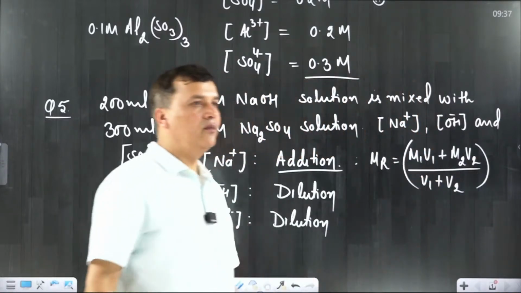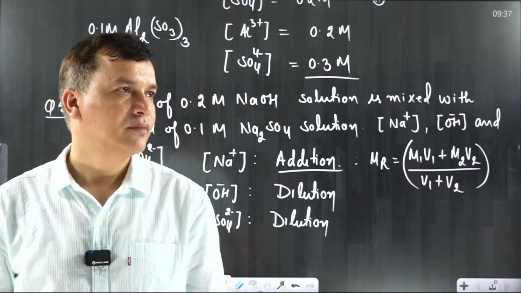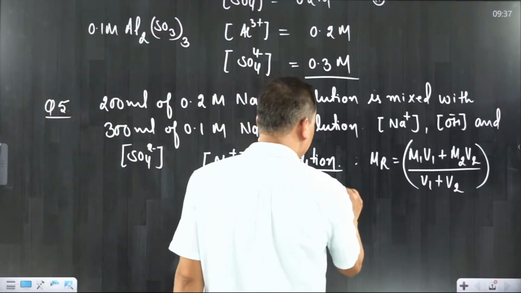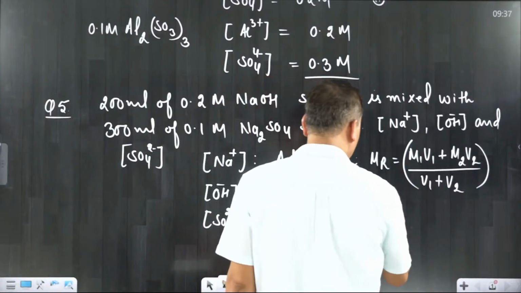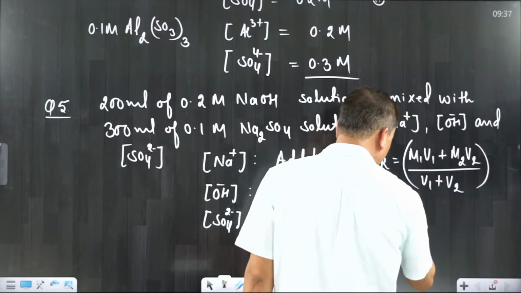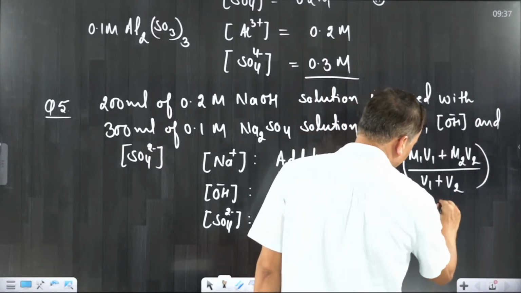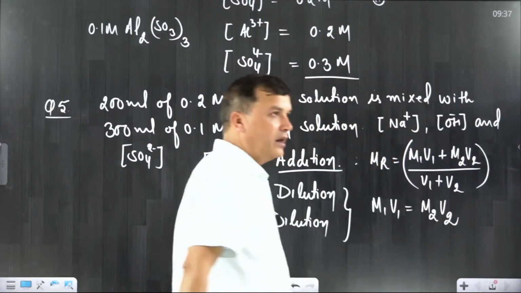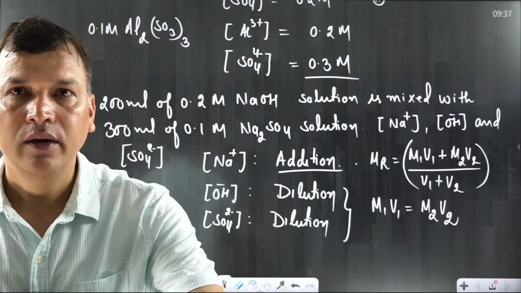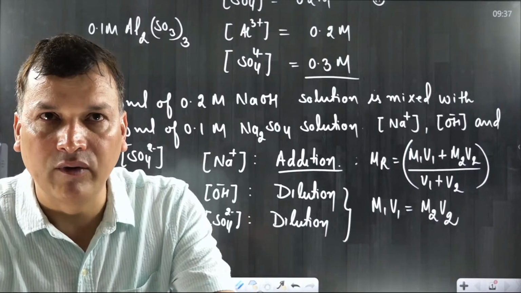Are you understanding the formulas? And what about the dilution? If we have to find the resultant molarity, M1 V1 is equal to M2 V2. Once again I am repeating this point: 1 and 2 are not solute and solvent.